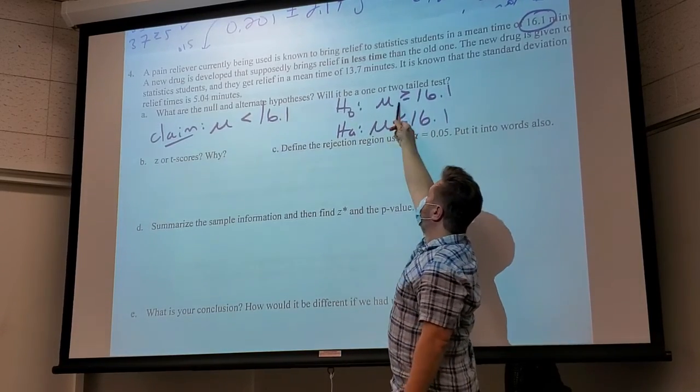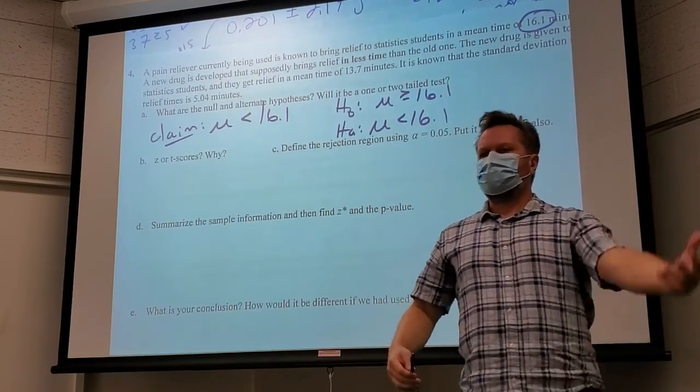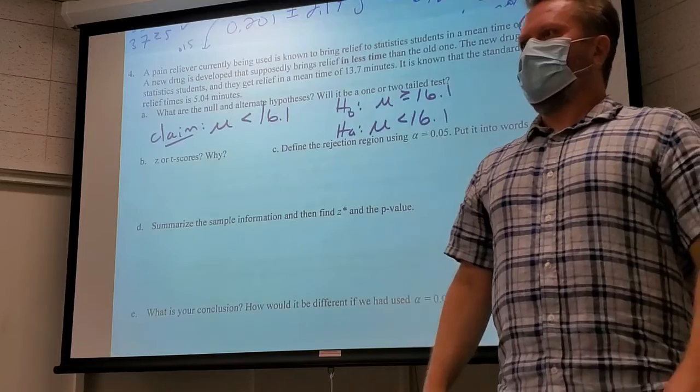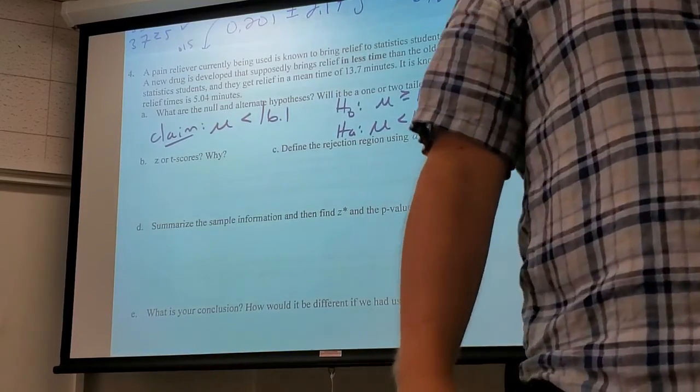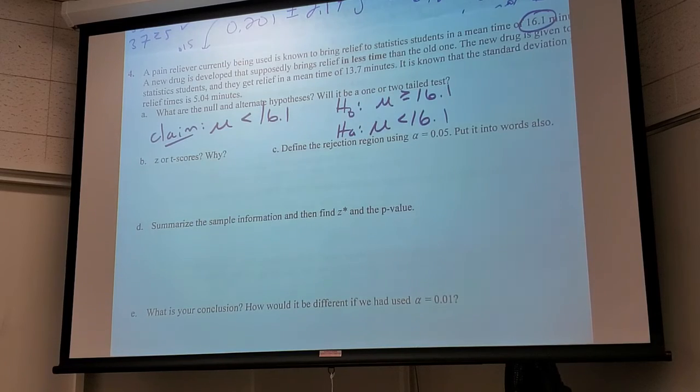So we think the mean is at least 16.1, when in reality, it's less. Those are the only mistakes we can make at the end of this thing. If we do all the math right, those are the two errors we can make, just because life is uncertain. Life is unfair.